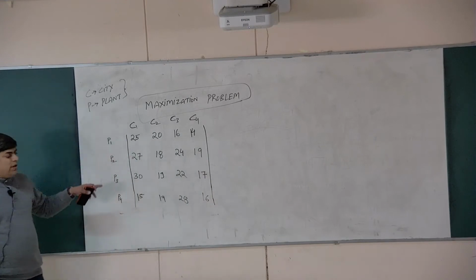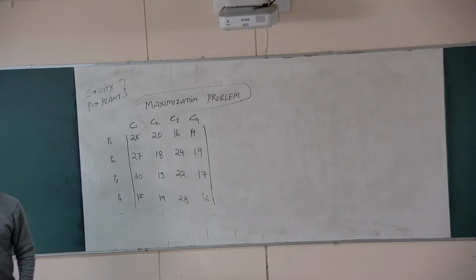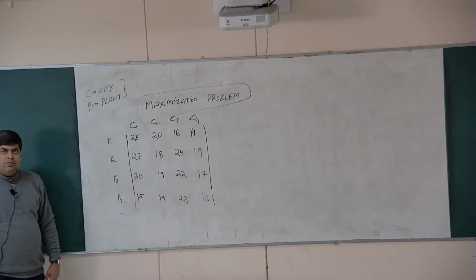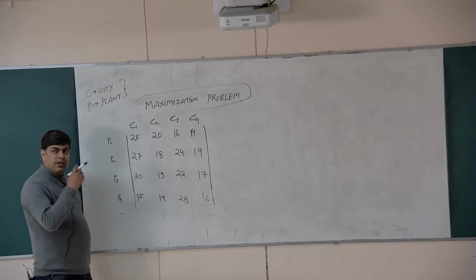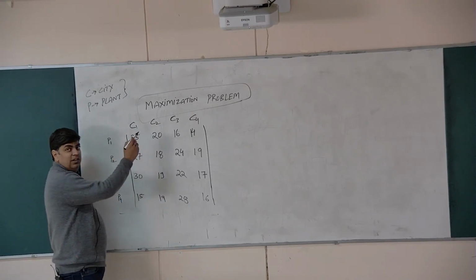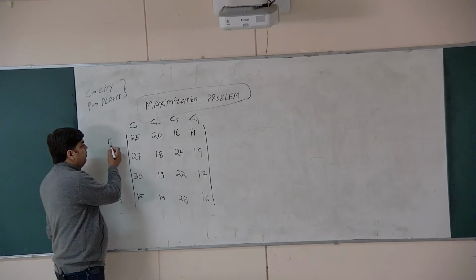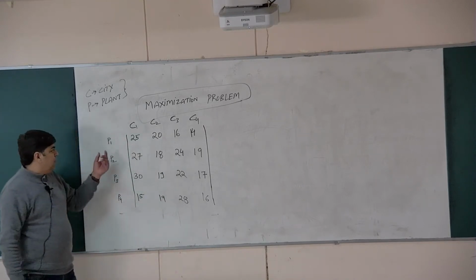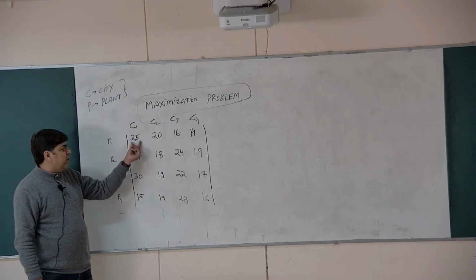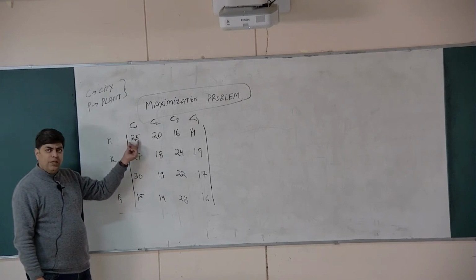Suppose these numeric values are the amount in millions of rupees, that is the revenue obtained from each plant. Suppose some industry has manufacturing operations in different cities, city 1, city 2, city 3, city 4. P1 C1 means plant 1 from city 1 is able to generate 25 million rupees as annual revenue.